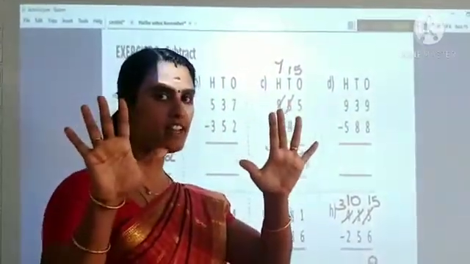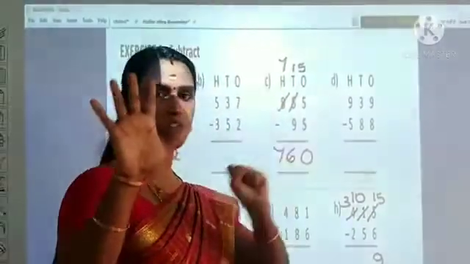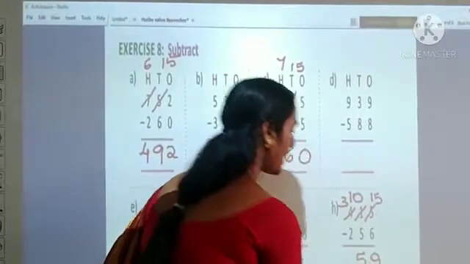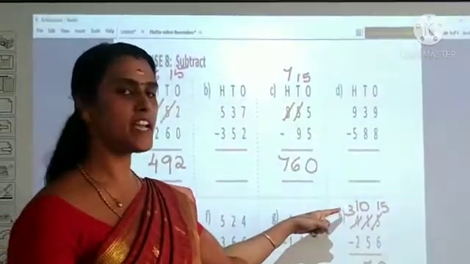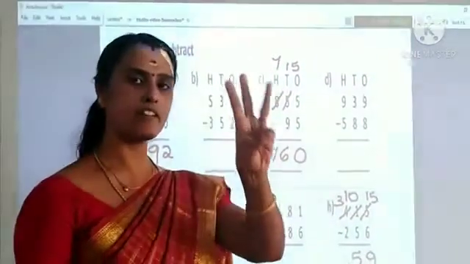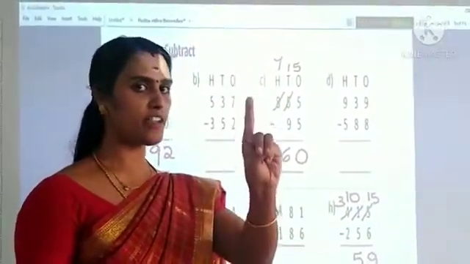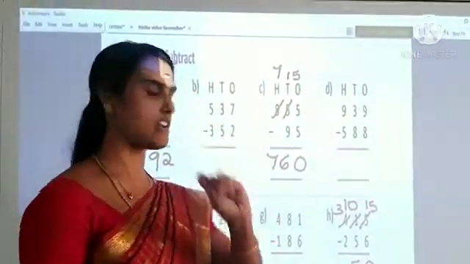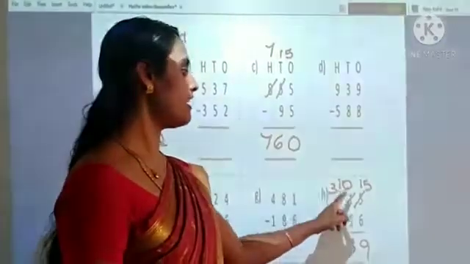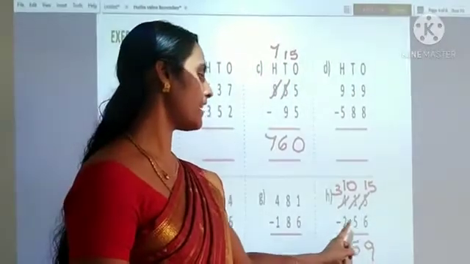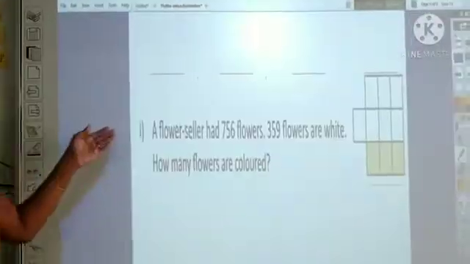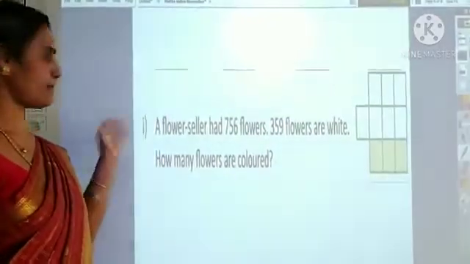Take 10 fingers, close 5. What is left here? 5. So the answer is 5. See the next place? 3. 3 minus 2. Open 3 fingers, close 2 fingers. What is left? 1. So the answer is 1. Okay? So 450 minus 256, the answer is 159.